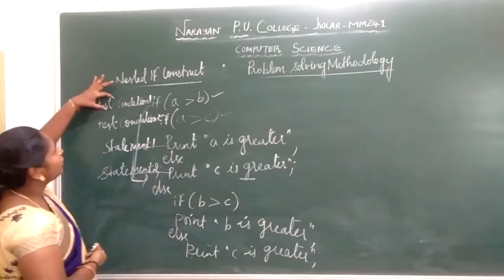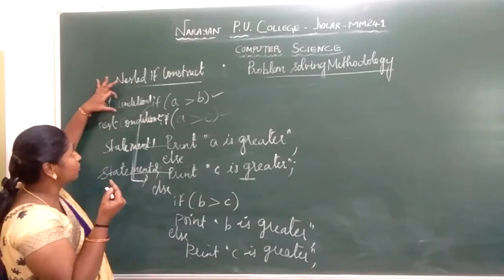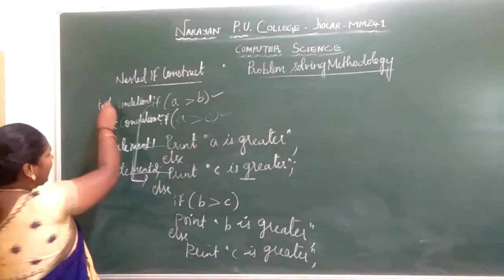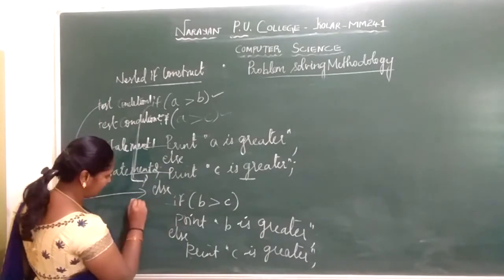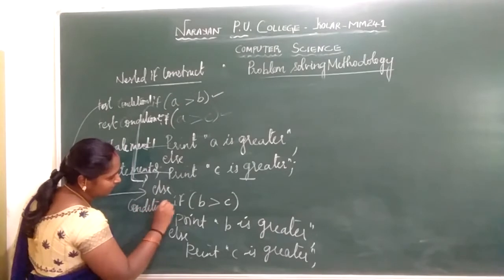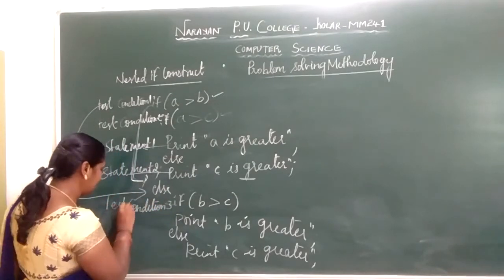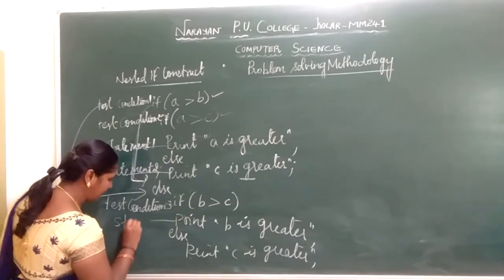If the first main if condition itself is false, then I go to my main else part, where I am going to test condition 3. If this condition is true, I am going to print statement 3.